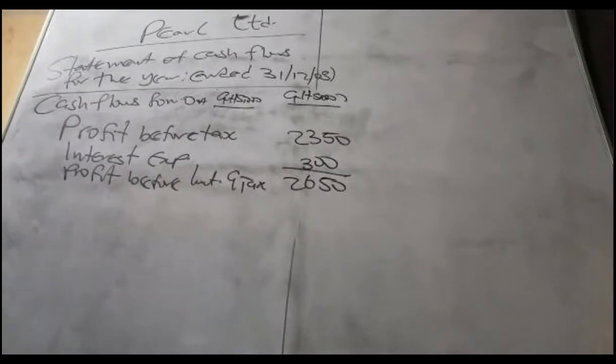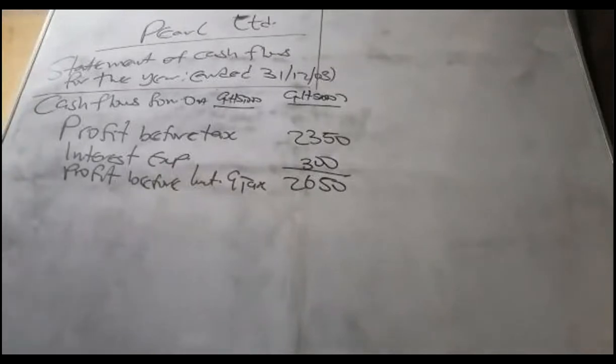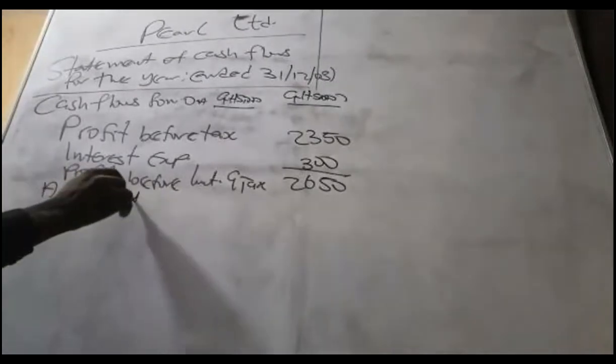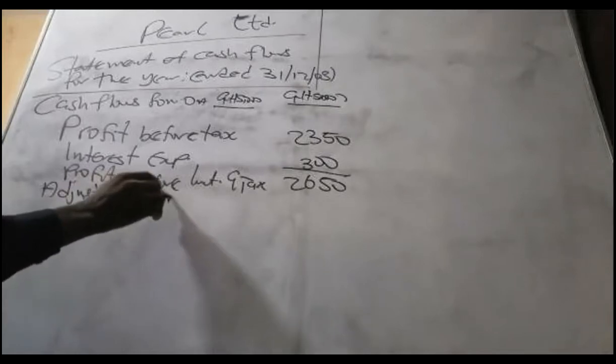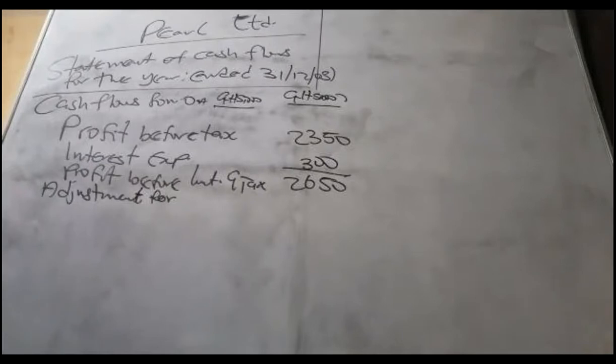Then the adjustment continues. So adjustment for item number one on the list will be depreciation. So let's see depreciation.